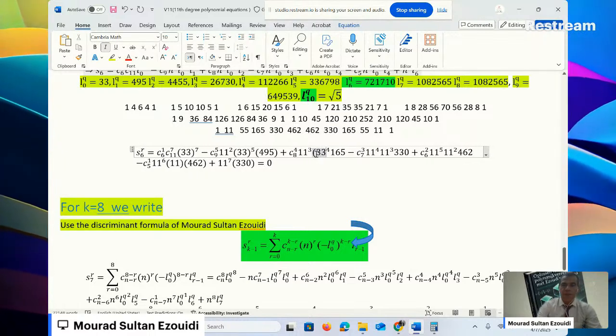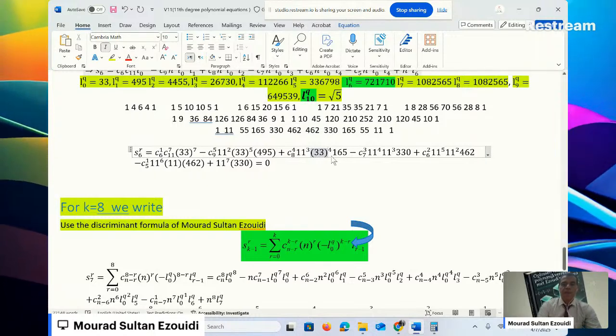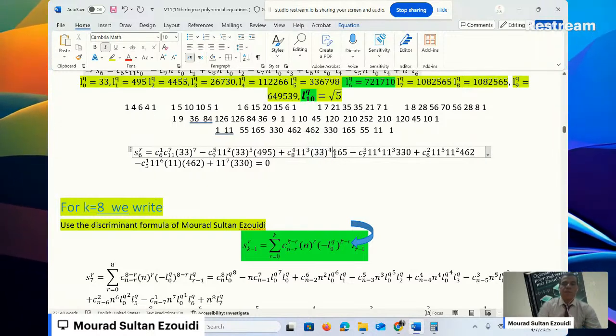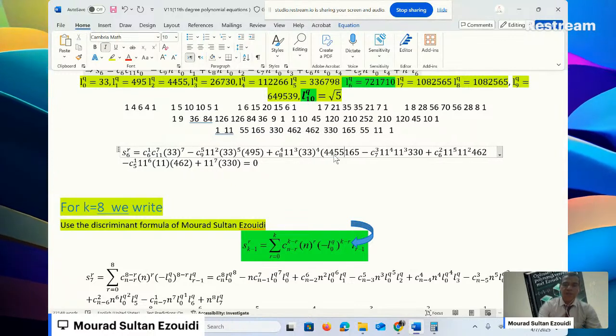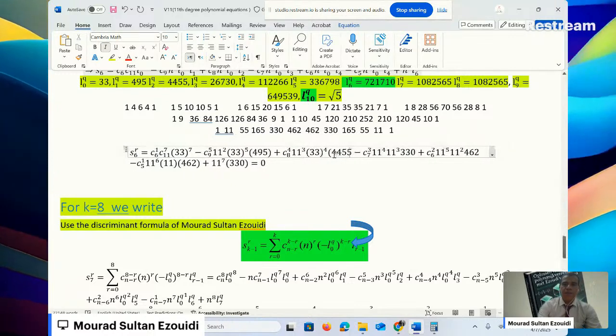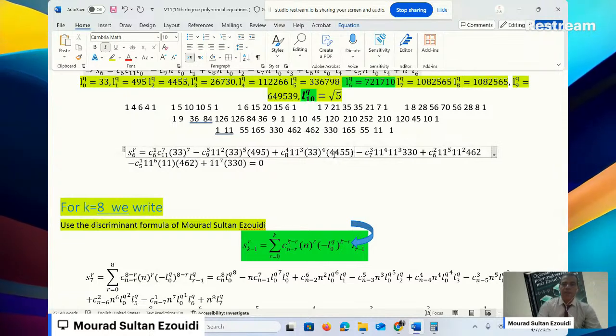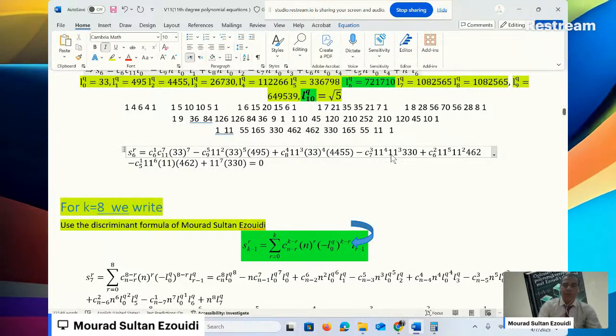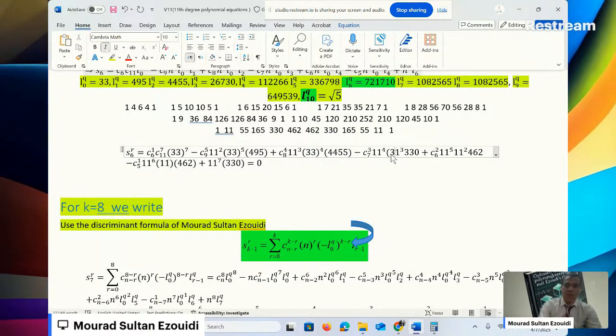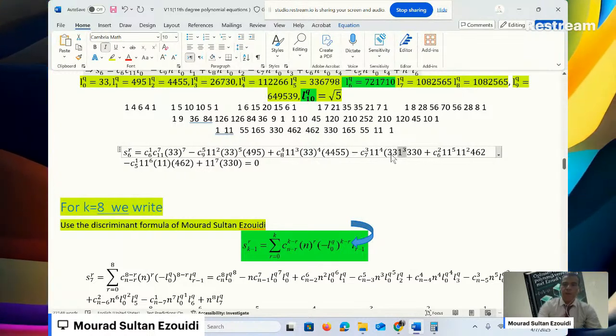Close the parentheses if possible. Times 4, between parentheses, 4,455. Make parentheses. Then this one, my kids, is 33 cubed, 33 raised to the power 3.